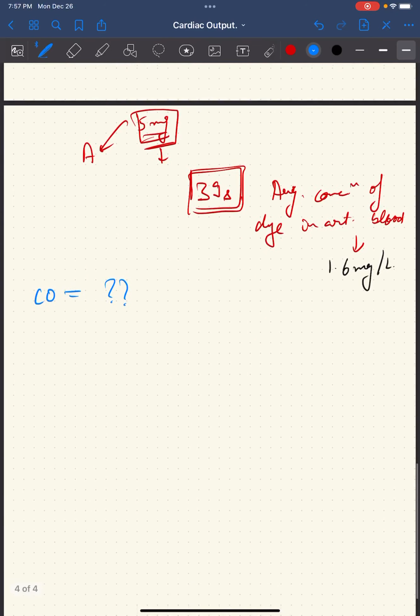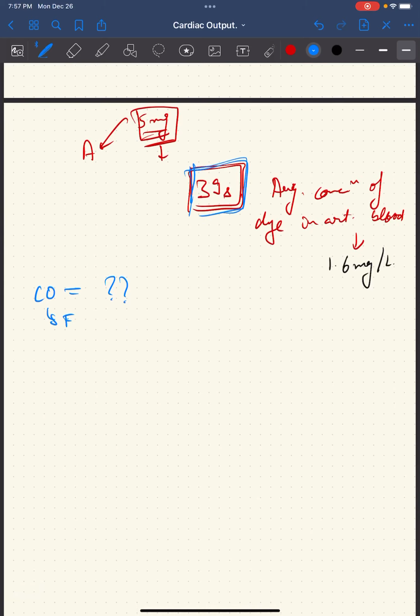So now how will we proceed? Cardiac output is nothing but flow, right? In 39 seconds, how much blood has flown through that particular portion? Suppose this is the hand and I have injected the dye in his hand. After 39 seconds, how much blood has flown?